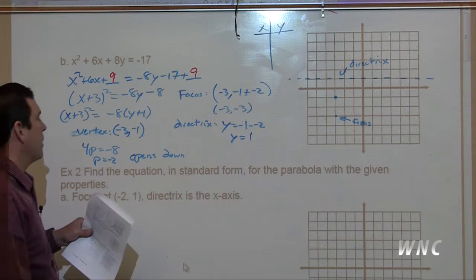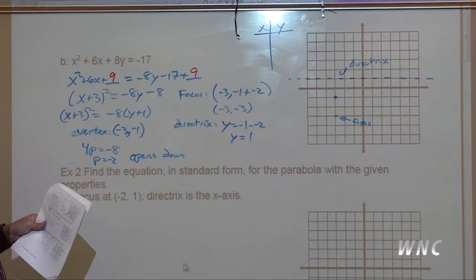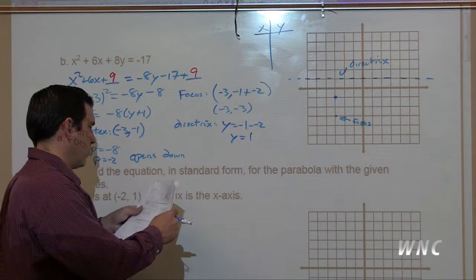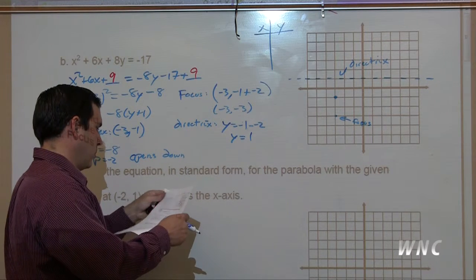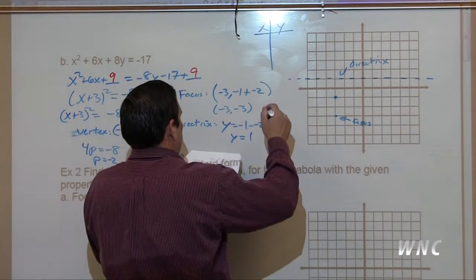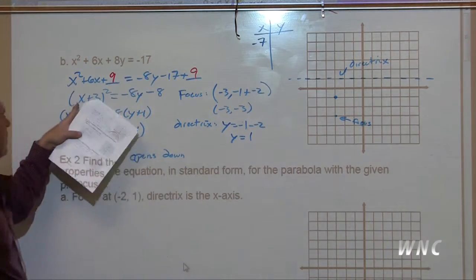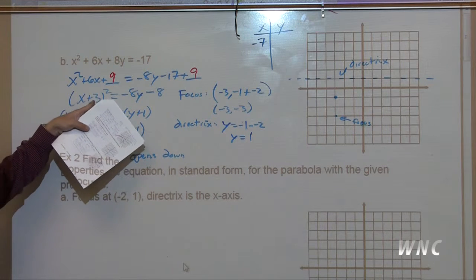What about if x was negative 7? Negative 7 plus 3 is negative 4.